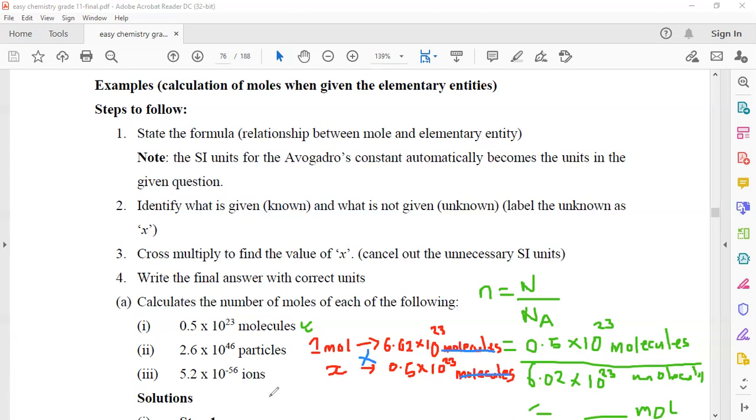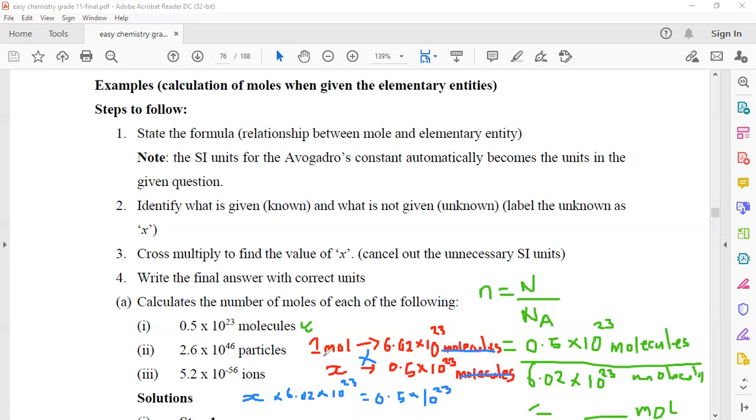So it's going to be x multiplied by 6.02 times 10 to the power 23, which will be equal to 0.5 times 10 to the power 23.